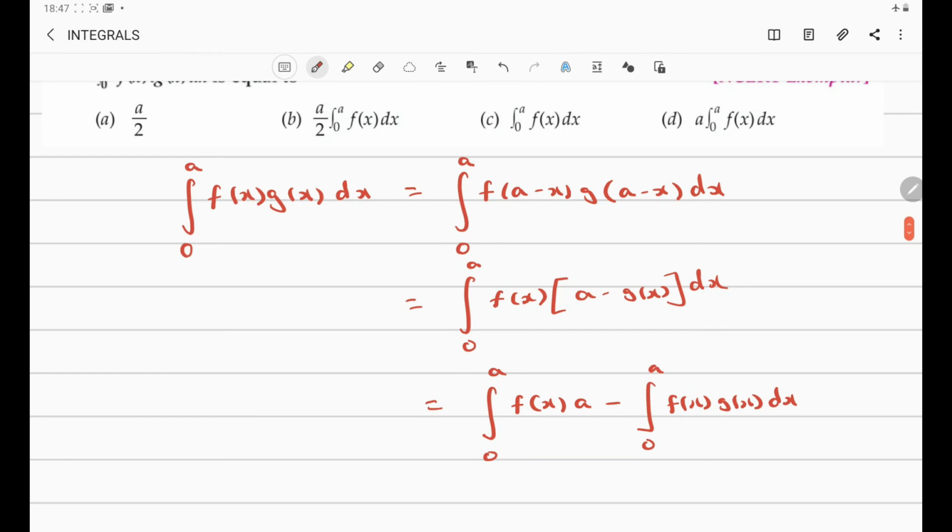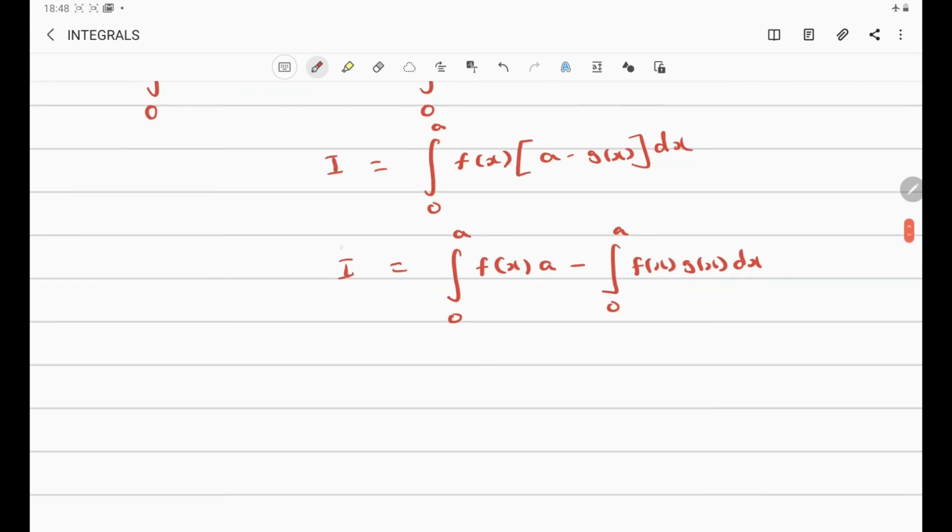And if we name this integral as say I, so I is equal to this. Now, why we have to write I is because we could see that the question has come again.